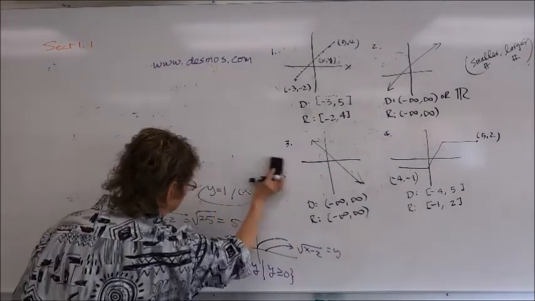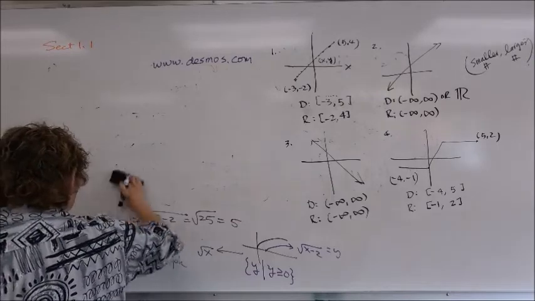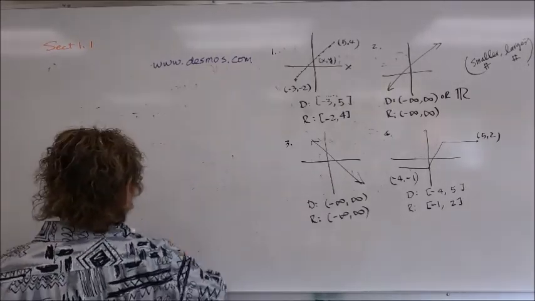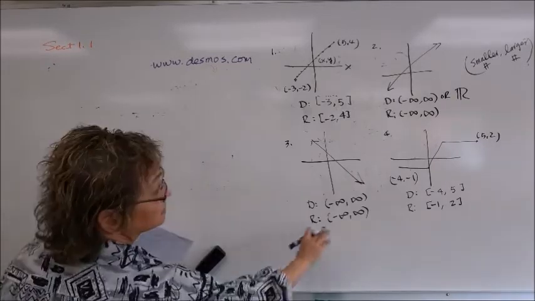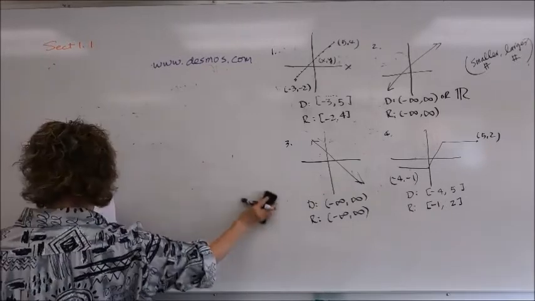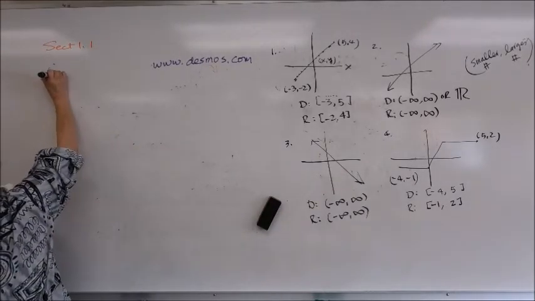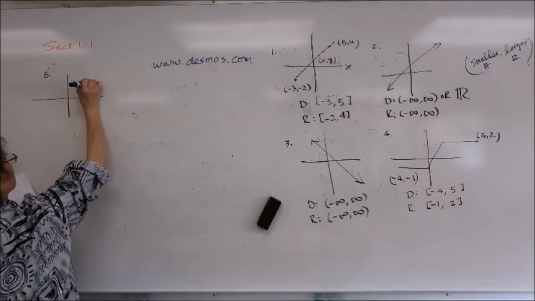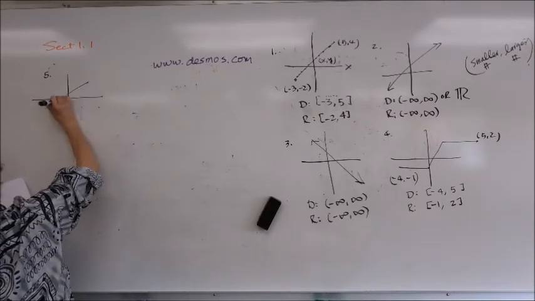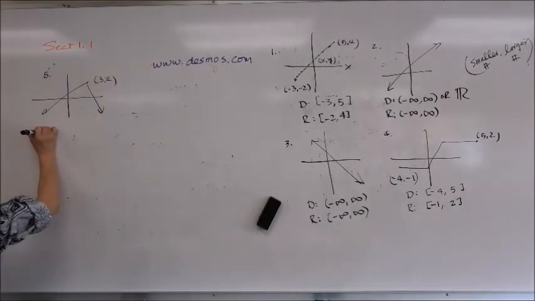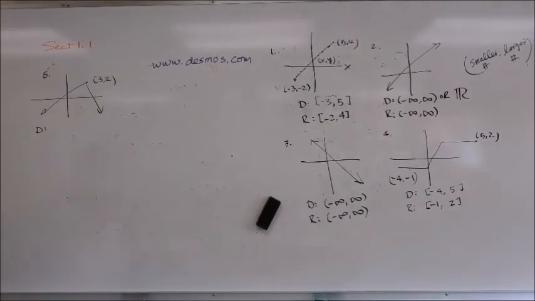So we are deciding the domain and range from the graphs. So that's number 4. Let's see. Number 5. If I have graphs this way, right? So here is 3, 2. What's your domain? How far I can go left and right?